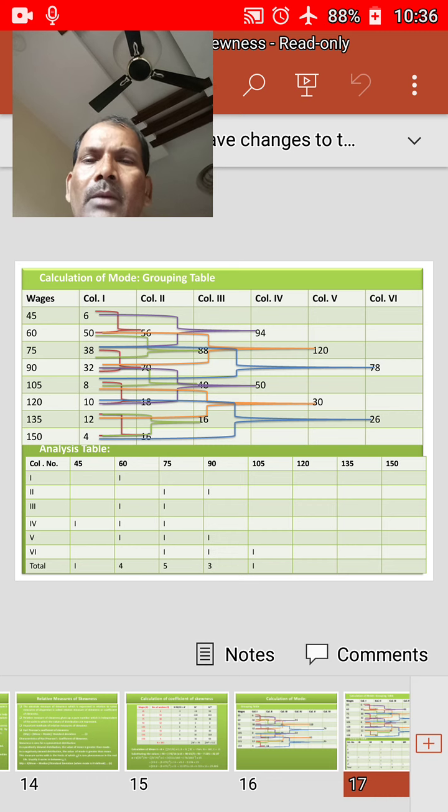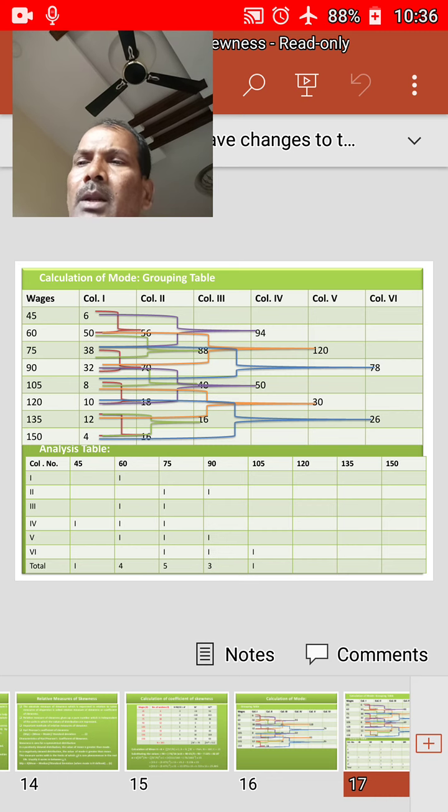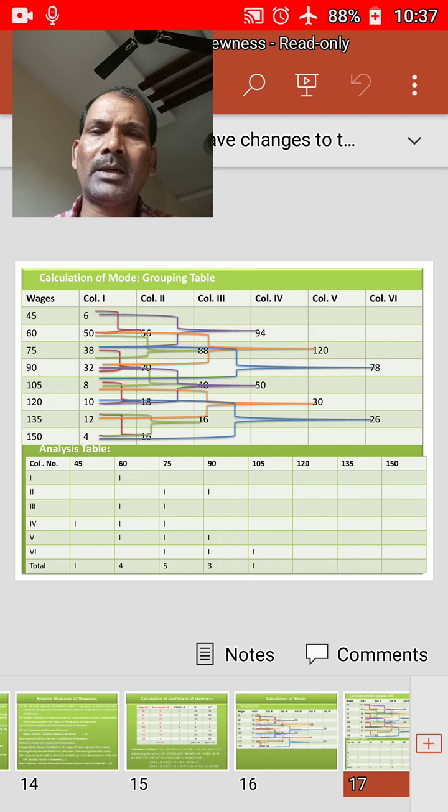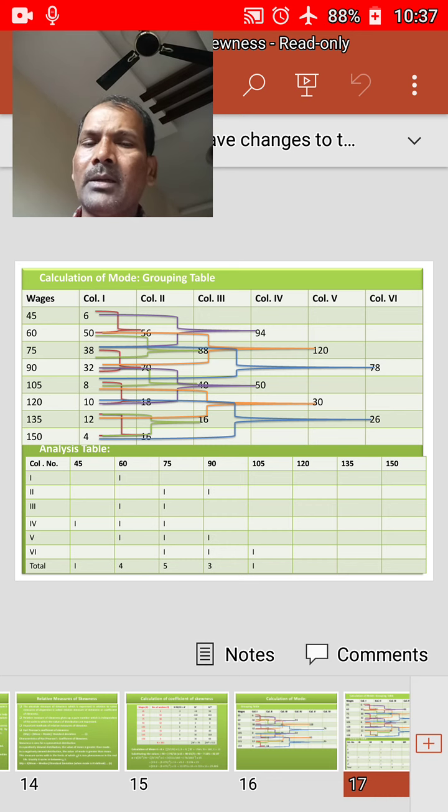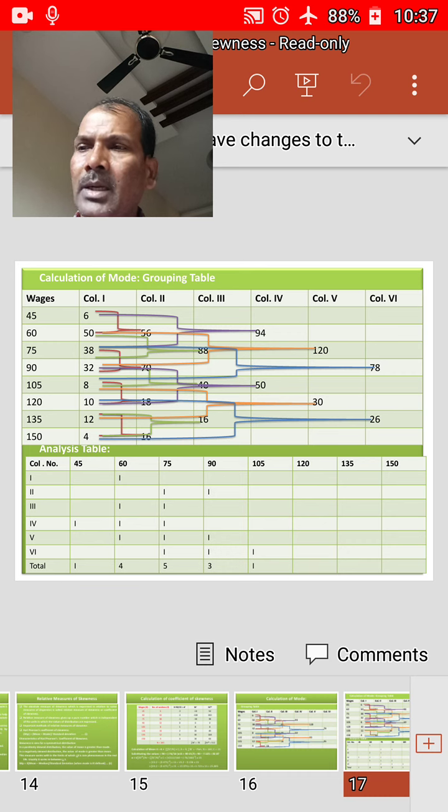If you look at the analysis table in the PPT, above you will find the same grouping table, which I wrote for better understanding, and below it you will find the analysis table.